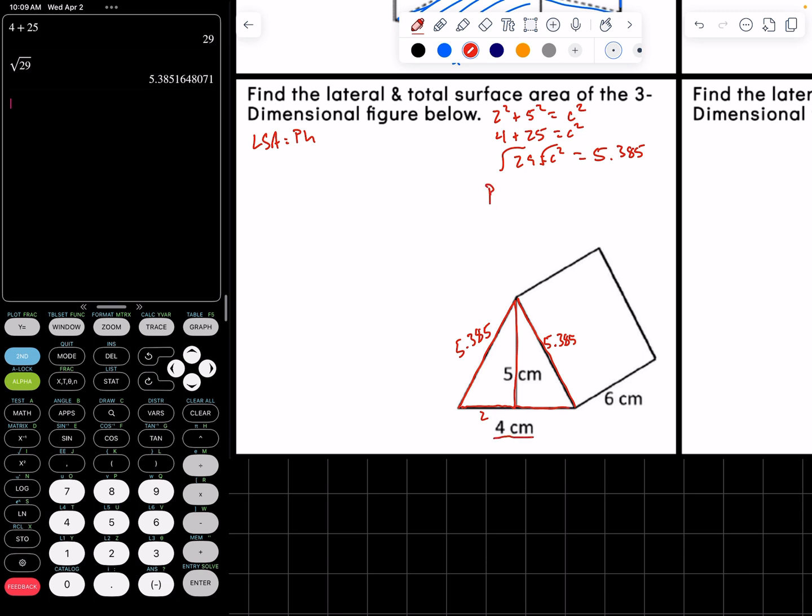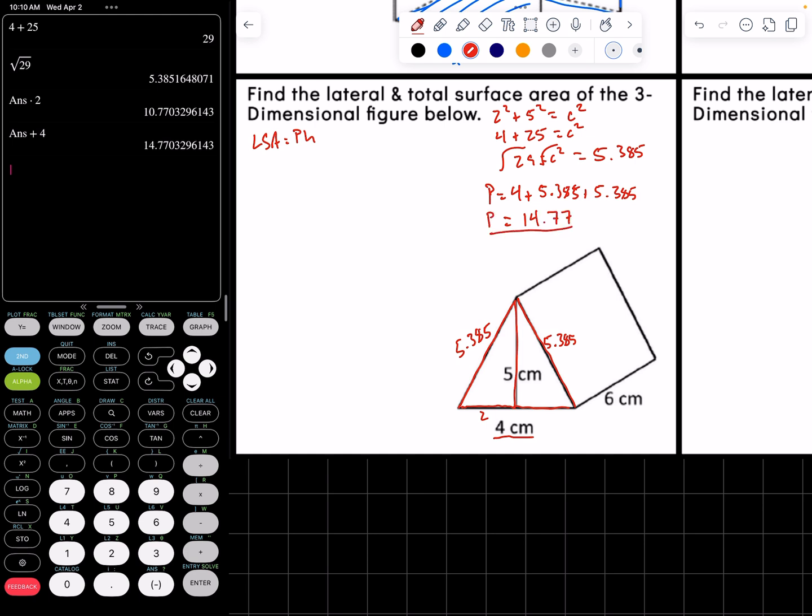So my perimeter is going to equal 4 plus 5.385 plus 5.385. So I'll multiply that by 2 and then add 4 to it. I'm going to end up with 14.77.